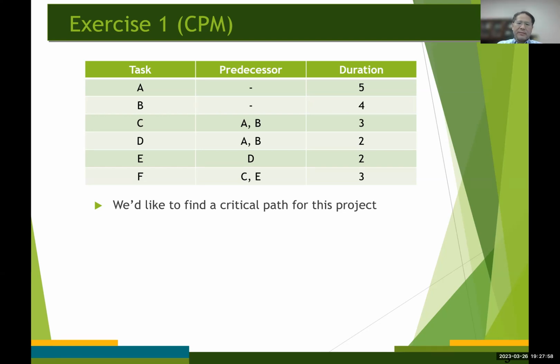Also, let's keep in mind that while constructing the AOA network, an activity should not be represented by more than one arc in the network, and any two nodes in the network cannot be connected by more than one arc.